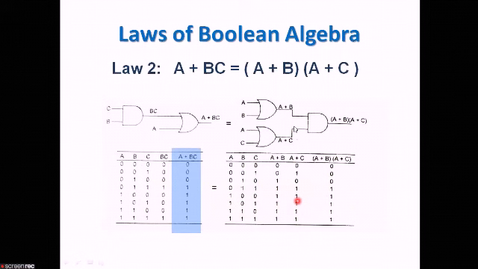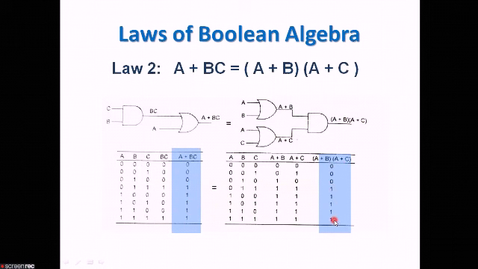So again consider this one and select this one. So you see that the values of this one and this one, that is A plus of BC and A plus of B into A plus of C, both are the same, that is 0, 0, 0, 1, 1, 1, 1 and 1. Again see here 0, 0, 0, 1, 1, 1, 1 and 1.